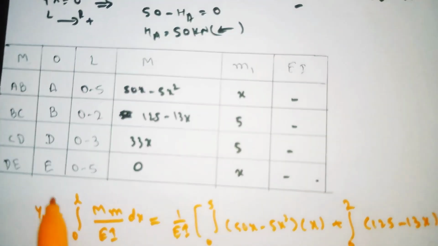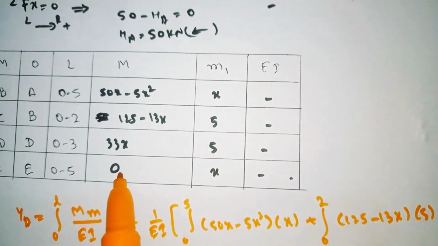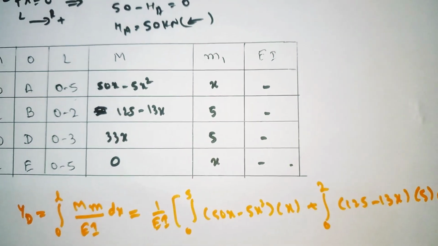And for DE we have the value 0 here. 0 into anything becomes 0, so I am not taking it.